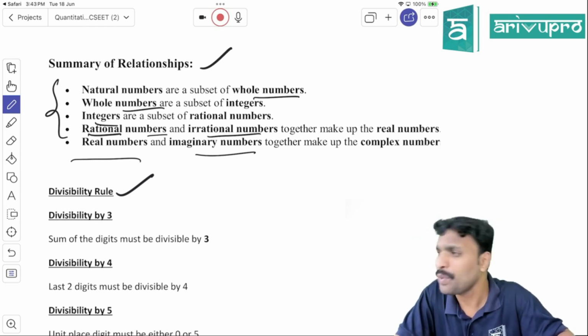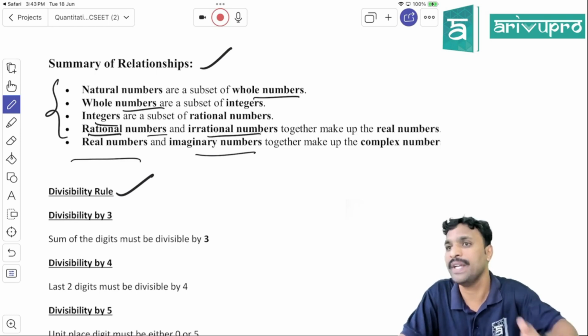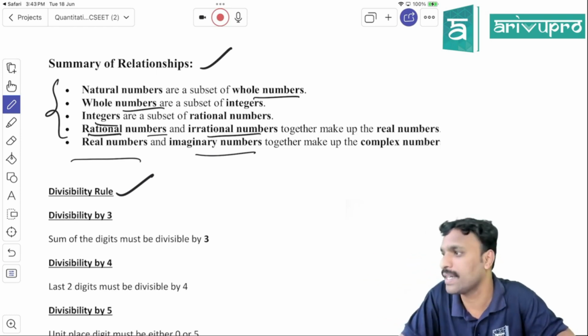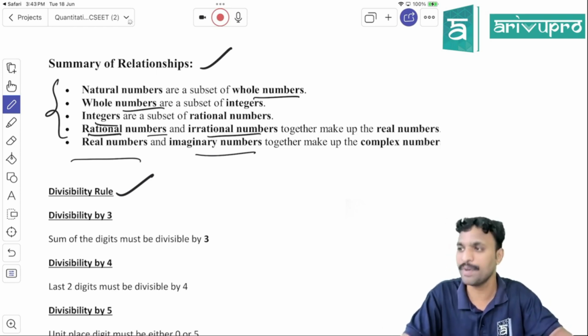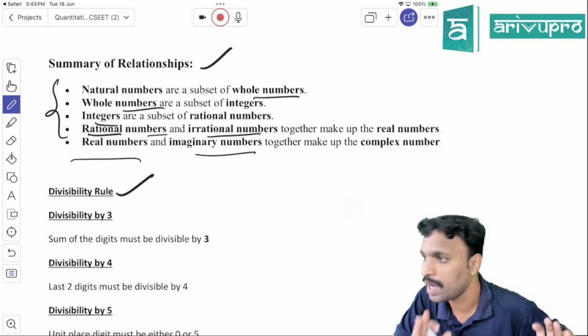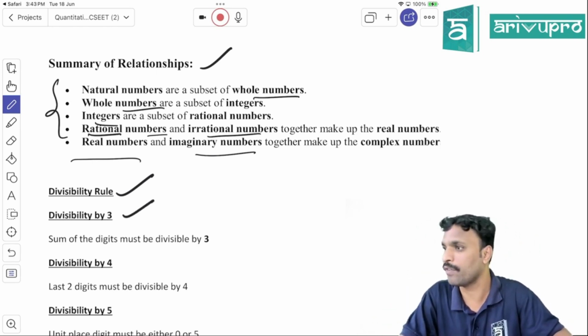Now, we'll discuss divisibility rules. What is basically a divisibility rule? If a number is to be divisible by a given number, what is the condition? If you know this rule, very easily you can check whether a given number is divisible by that number or not. First of all, the divisibility rule for 2.